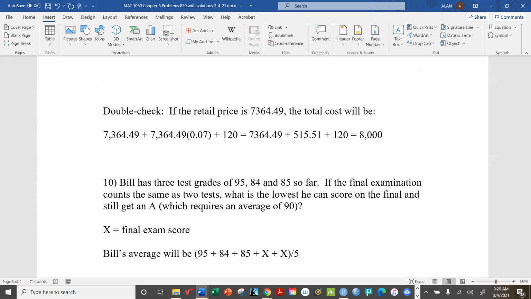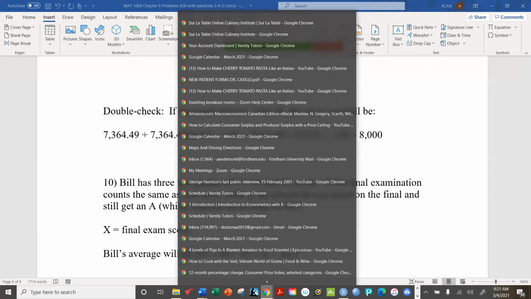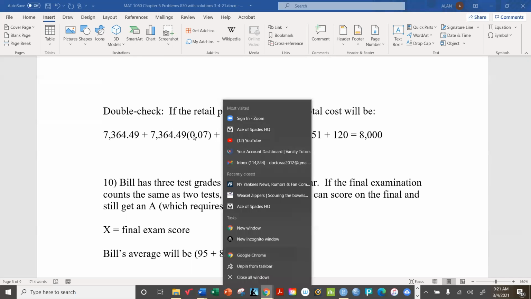Okay, because we're pretending that it's 2 exams. And now he needs to get at least an A. I mean, at least a 90 to get an A. So this is also an inequality, because it has to be greater than or equal to 90, this average. All right, so I'm going to have to look up that symbol.